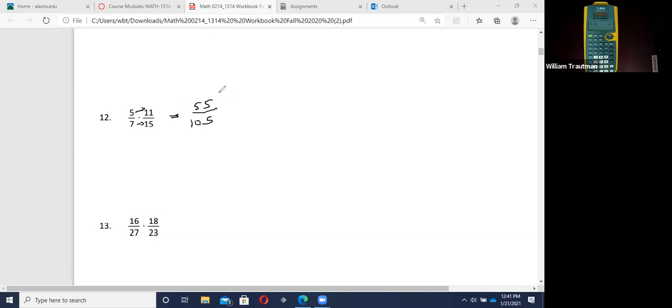You always try to reduce a fraction, because if you put this in as your answer, they're going to mark it wrong because it has to be reduced. They both divide by 5, and we get 11 over 21. So when you put 5 over 7 times 11 over 15 in your calculator, you should get 11 over 21.